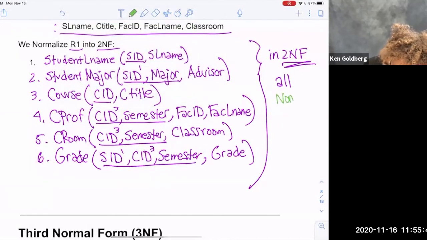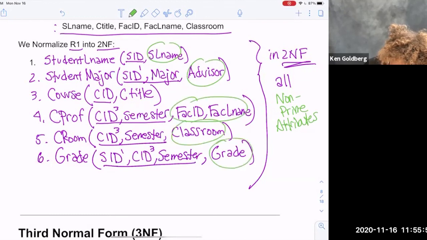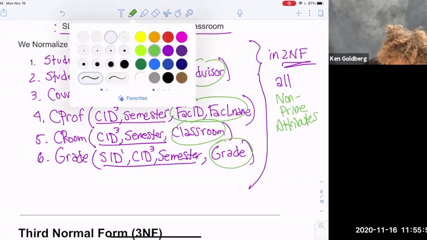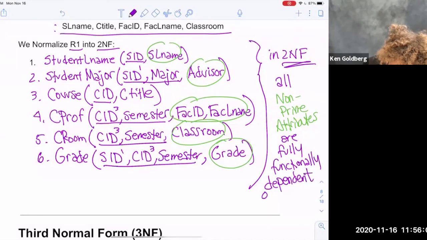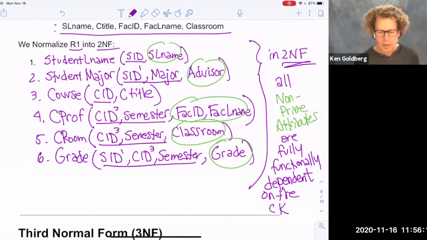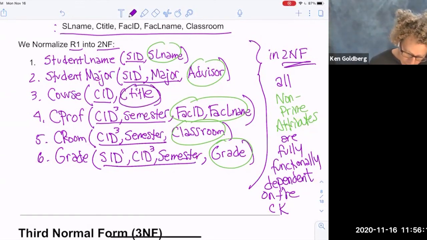All non-prime attributes are fully functionally dependent on the candidate key. Okay. Oh, here's another one I've missed. Oops. Yikes.